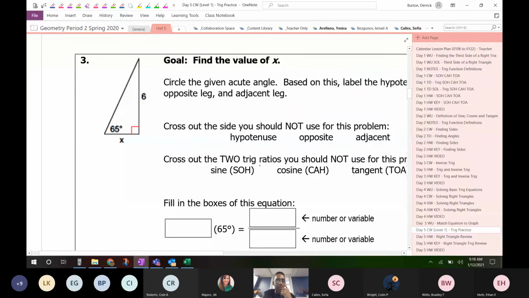All right, here's another problem. We're solving for x. I don't see a Pythagorean theorem option. We don't have enough sides for that. So that tells us that we need to do our sine, cosine, or tangent. Circle the angle, draw the arrow. That's the opposite side. The other side is the adjacent side. SOHCAHTOA tells us which one to do.